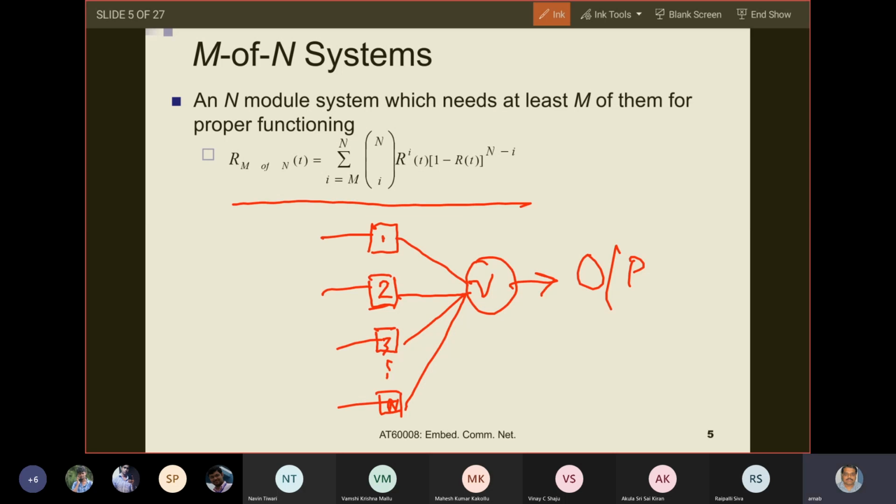When all are working correctly, then i is equal to n. So in that case, you will have r to the power n into 1 minus r to the power n minus n, which is 0. So essentially, when all are working correctly, then the effective reliability of the system is r to the power n, right?